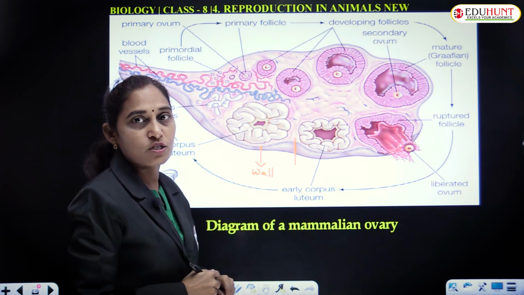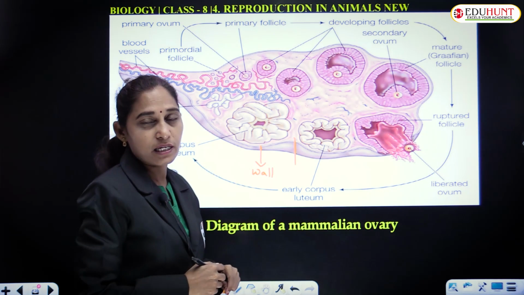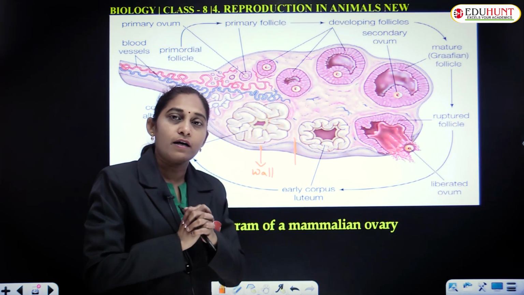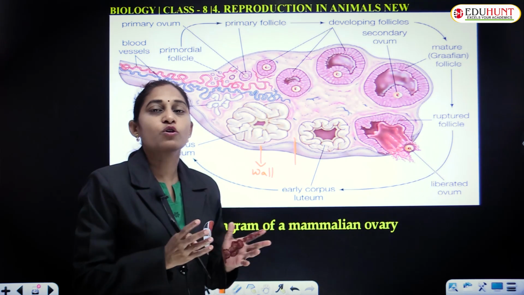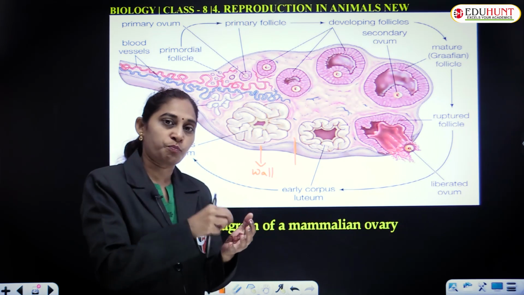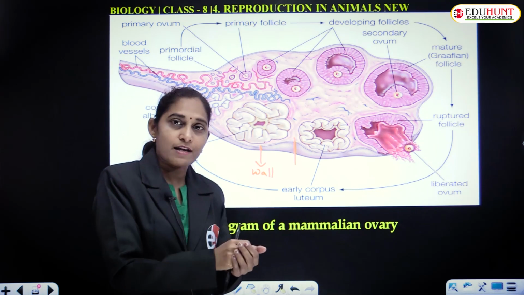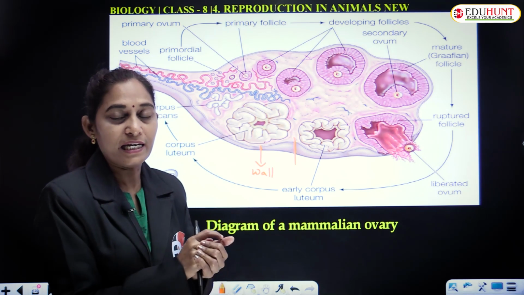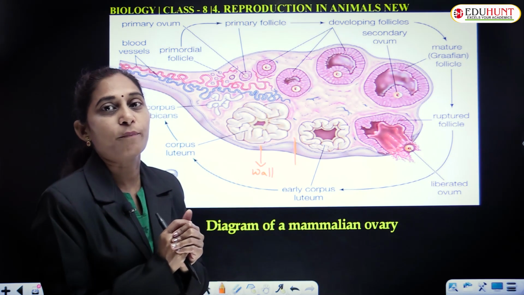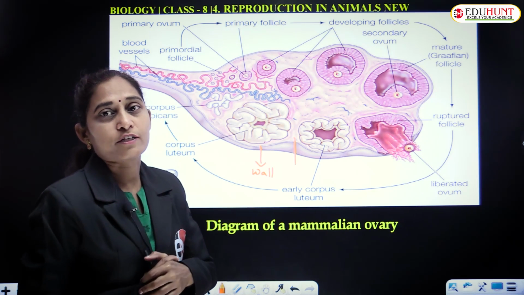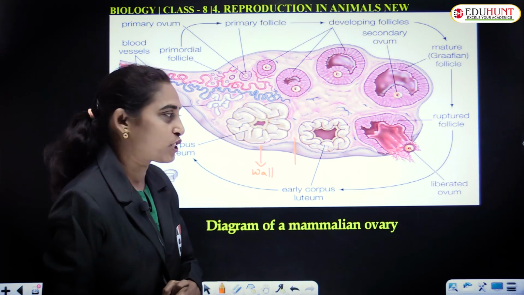The ovum must be liberated, because if it is still enclosed in the ovary, it cannot be fertilized by the sperm. For the sperm to contact the ovum, it should be liberated into the fallopian tube, especially the ampulla, where the actual fertilization takes place.